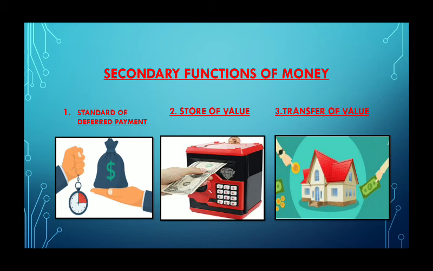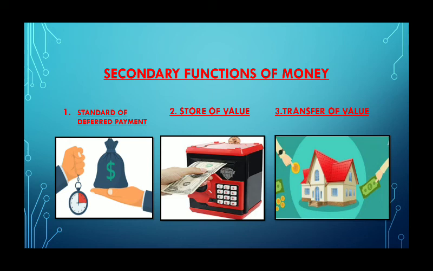The third secondary function is transfer of value. We can transfer value from one person to another person, and from one place to another place. Here you can see a picture of a house. What does it say? It says we can sell a house in Delhi in exchange for money, and we can use this money to buy a house in Kolkata.